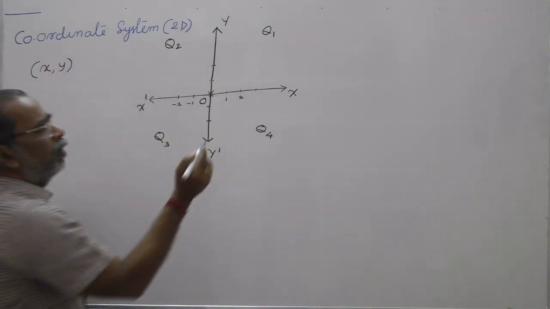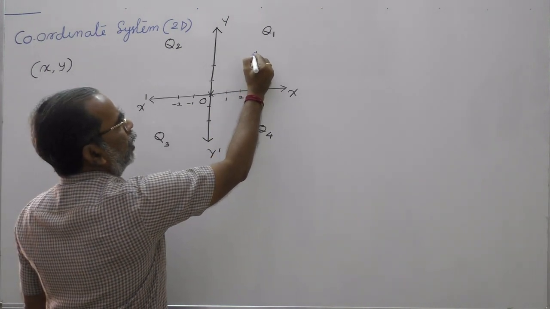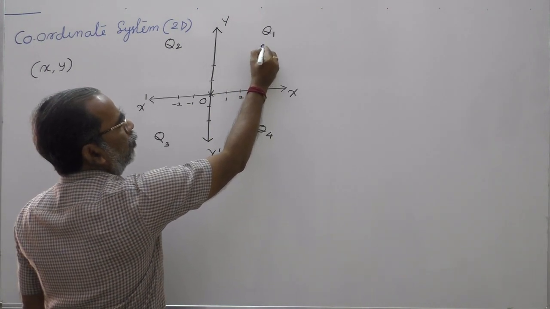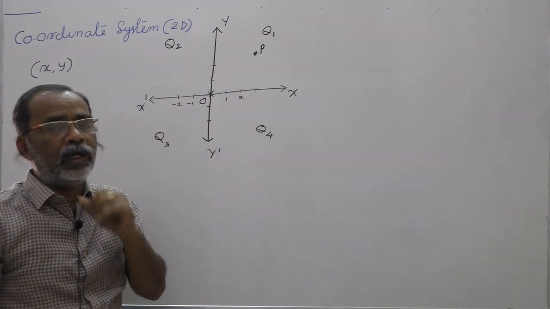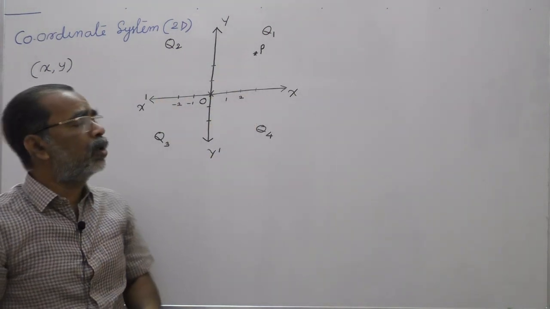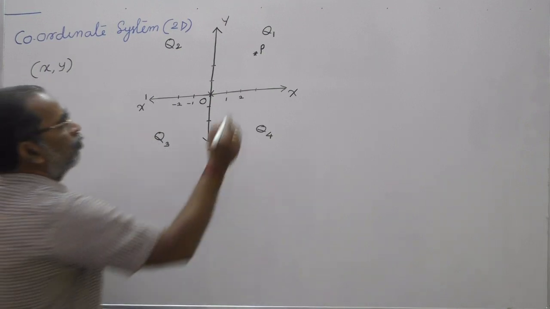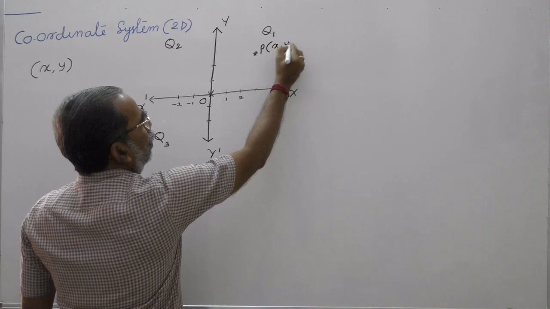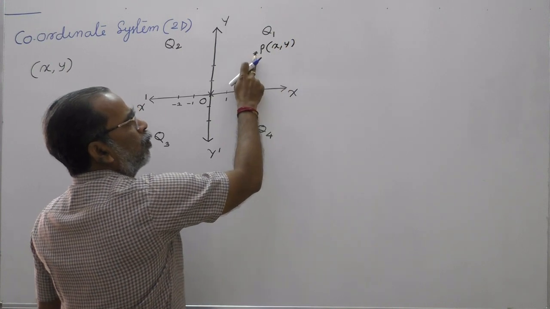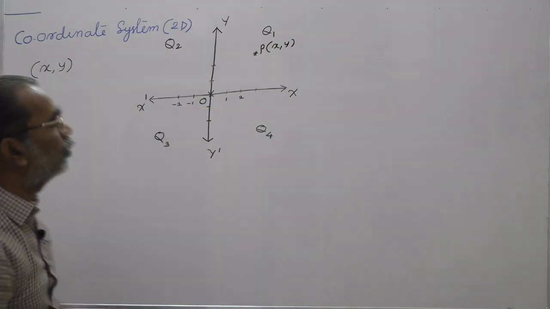Any point, there will be many points. For example, a point is here, capital P. Every point in the plane is uniquely denoted by an ordered pair. If I denote this by the ordered pair x comma y, then it will represent this point.